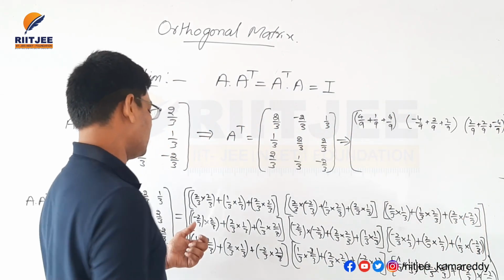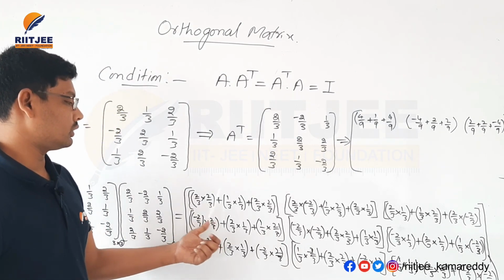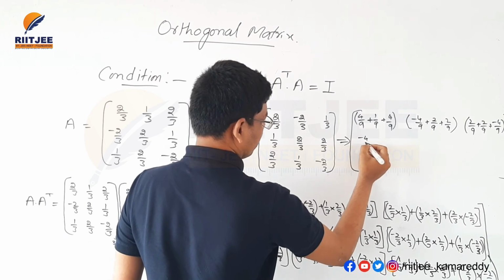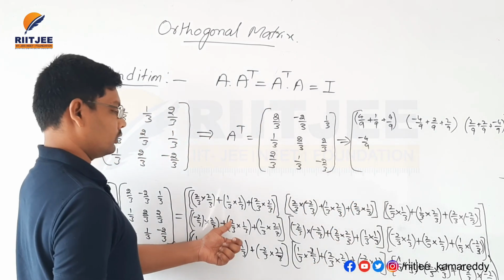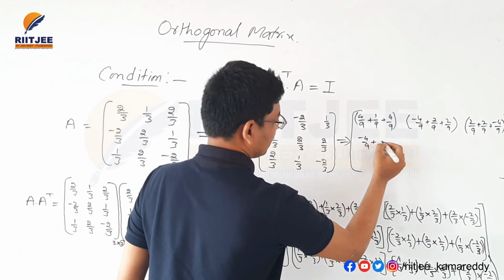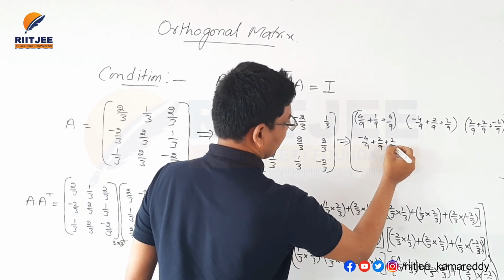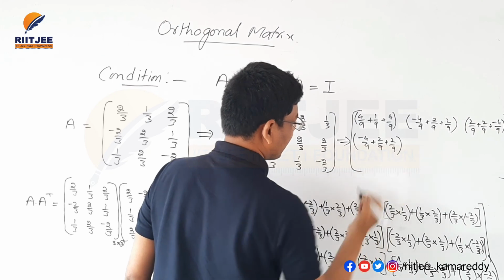Next, minus 2 into 2, 2 2 ja minus 4, minus 4 by 9, minus 4 by 9. 2 1 ja 2, 2 by 9. Next, 2 2 ja 1 2 ja 2, 2 by 9. This is A21.